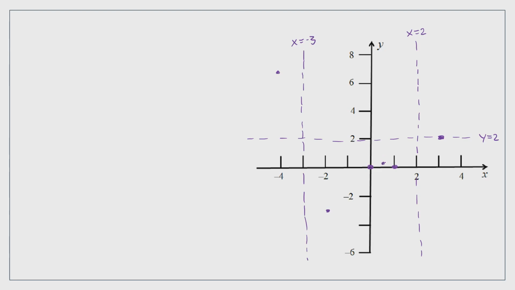And then we have 1.5, -0.7. So that's almost at 1. Okay. And then we had 3, 2, which we already had.